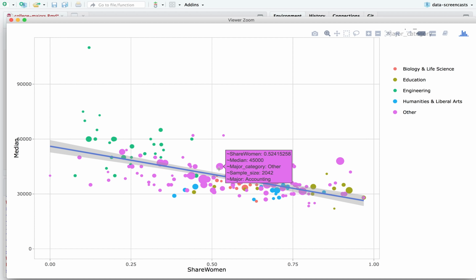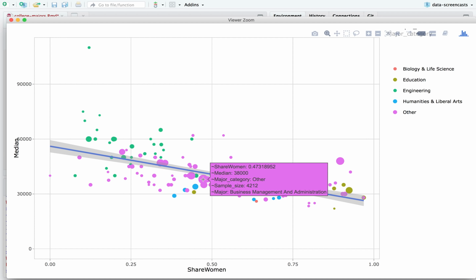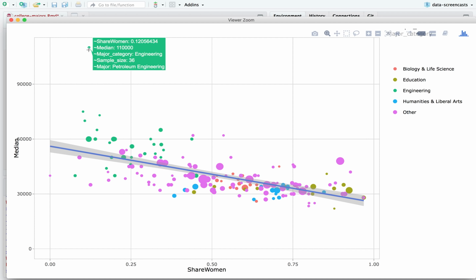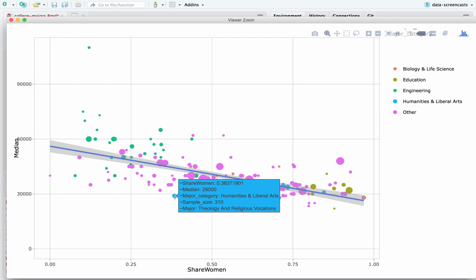Some things like accounting and business management administration fit that. There are some outliers. One of them is petroleum engineering, with a relatively small sample size, low share of women, very high median.